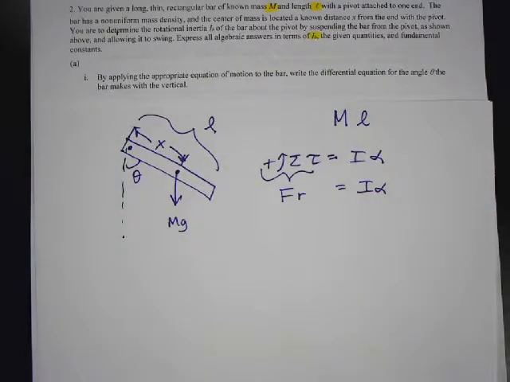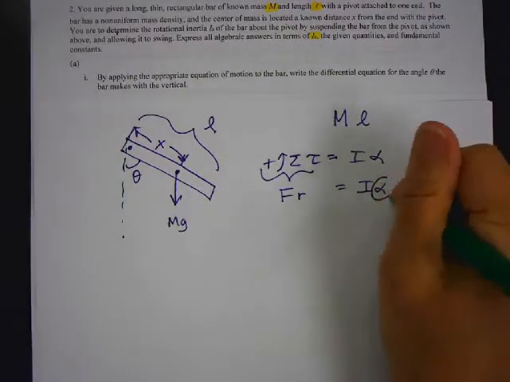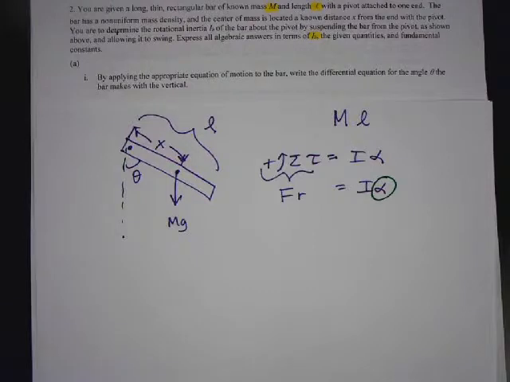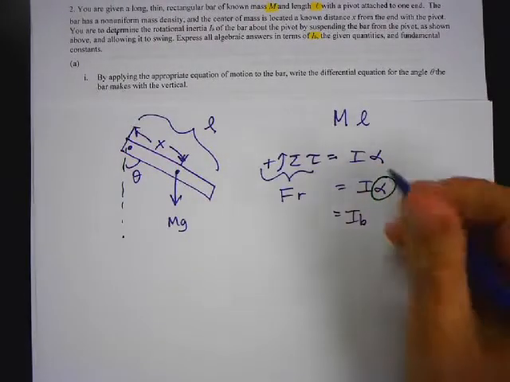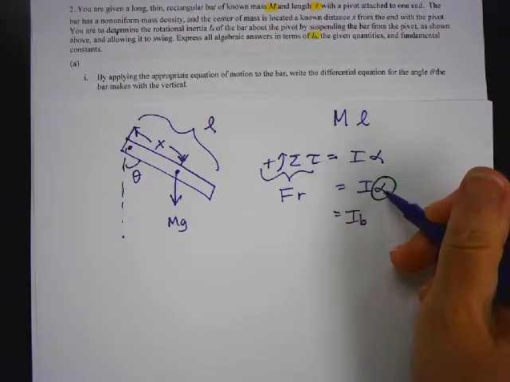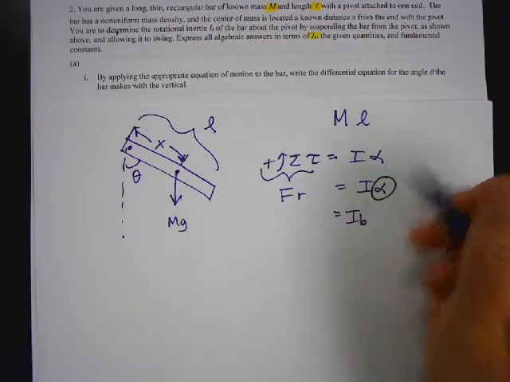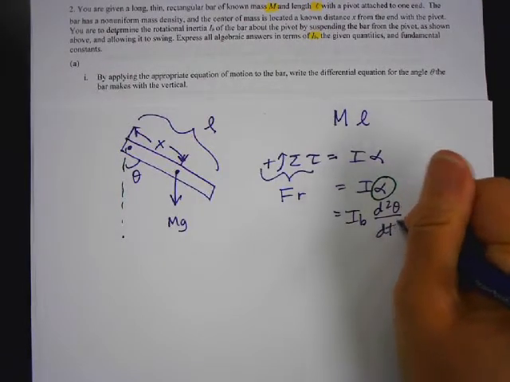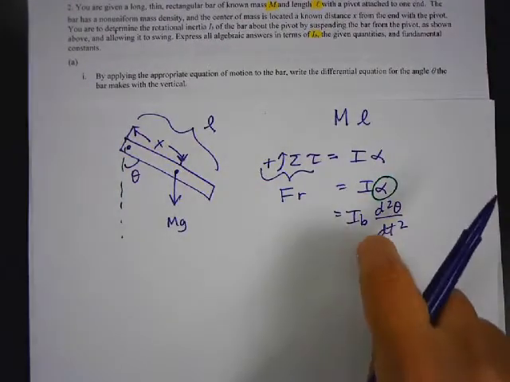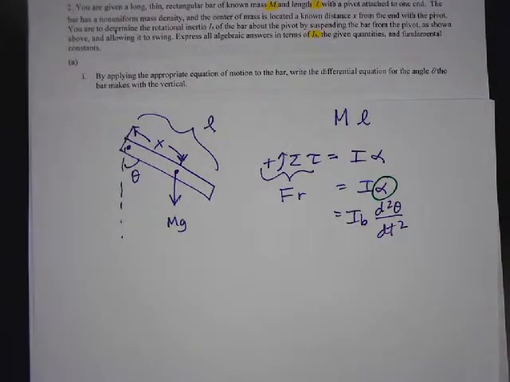To get a differential equation, I'm going to take alpha, and now I'll substitute in: the I needs to be I sub b, and I know that alpha is the second derivative of theta, so I'm going to substitute in d squared theta over dt squared. So now that second half of the equation is set.